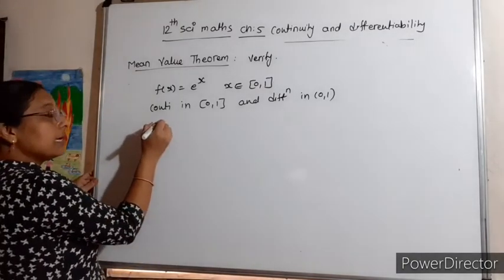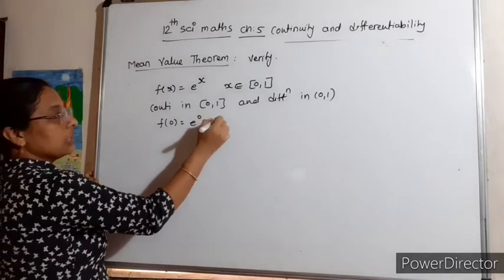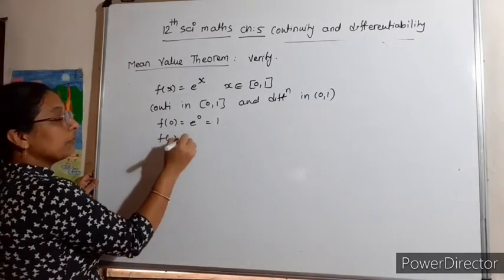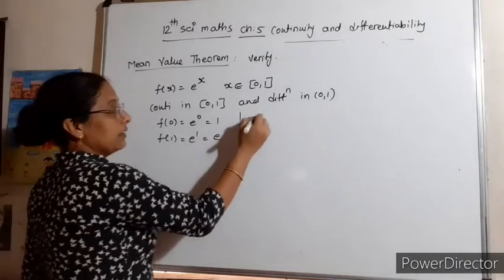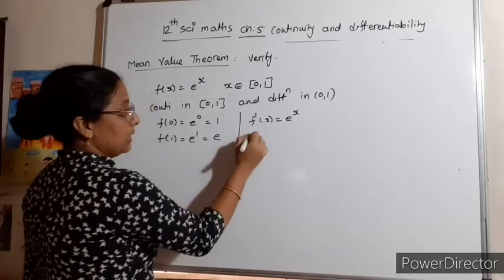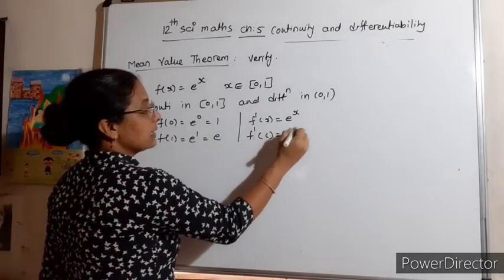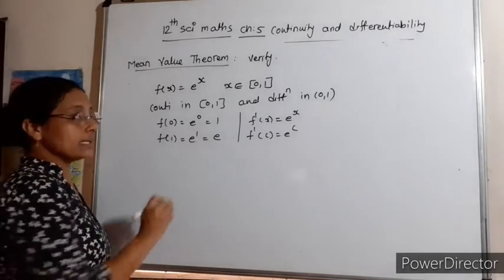Therefore, here we can say that f(0), e raised to 0 is 1, and f(1), e raised to 1 is e. If you find the derivative, that is f'(x) is e raised to x. So we can say that f'(c) is equal to e raised to c.